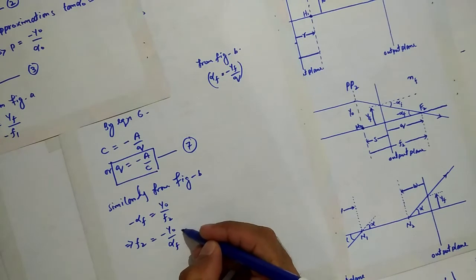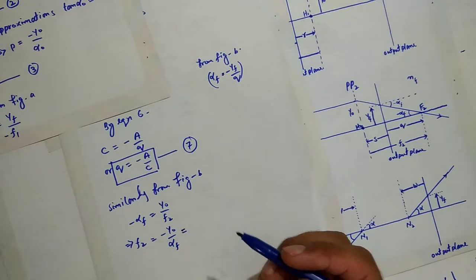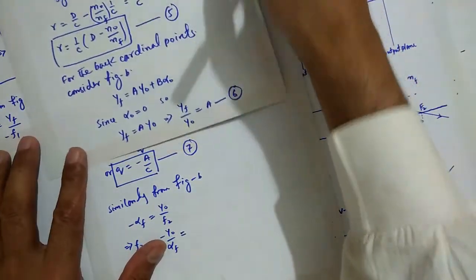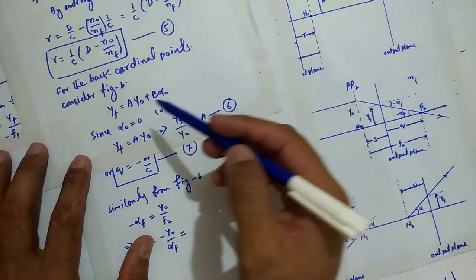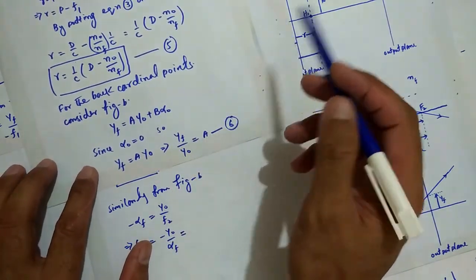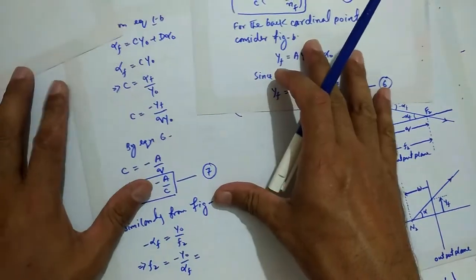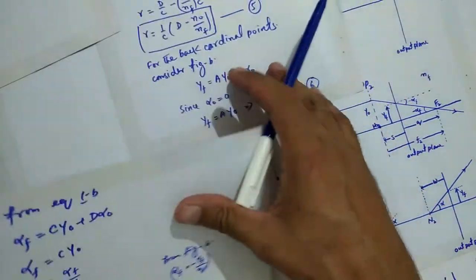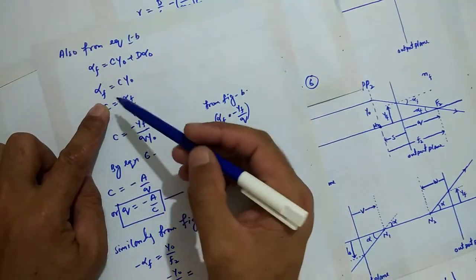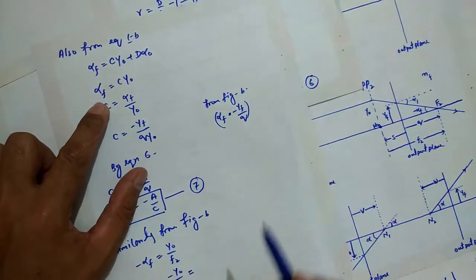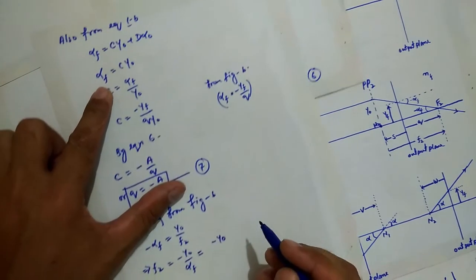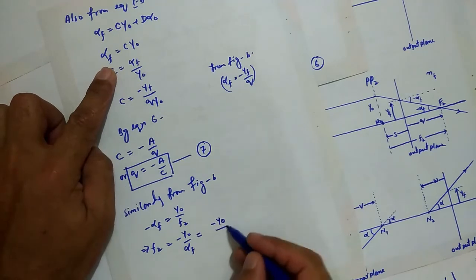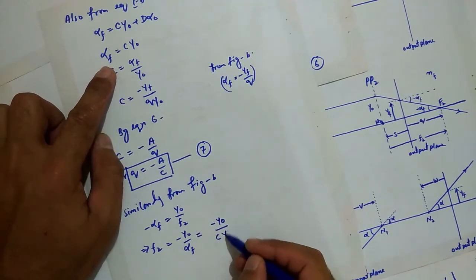Clear? And this can be written further, as alpha f is c y naught here in this equation which we have calculated. Alpha f is c y naught, therefore minus y naught divided by alpha f will be c y naught.